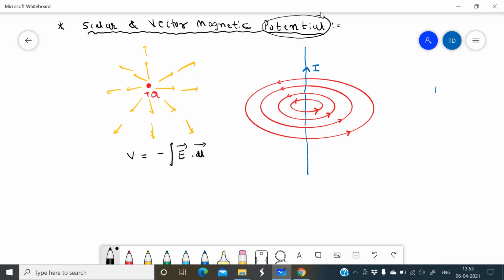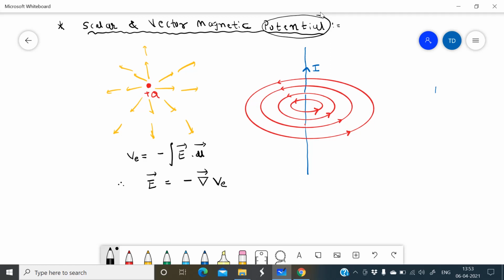Electric potential is represented using VE, so VE is equal to minus integration E dot dl. Or you may write it this way also: electric field E vector is nothing but minus del V.